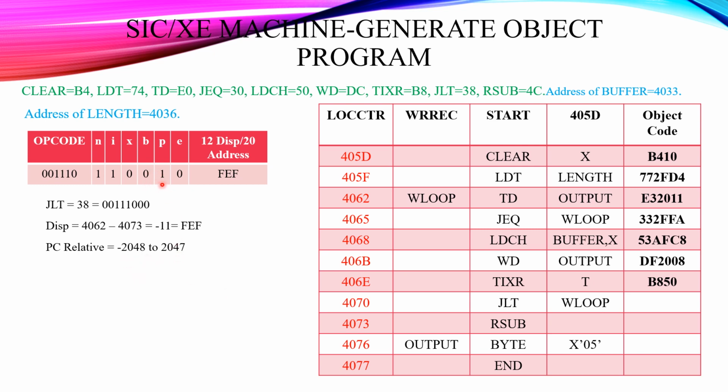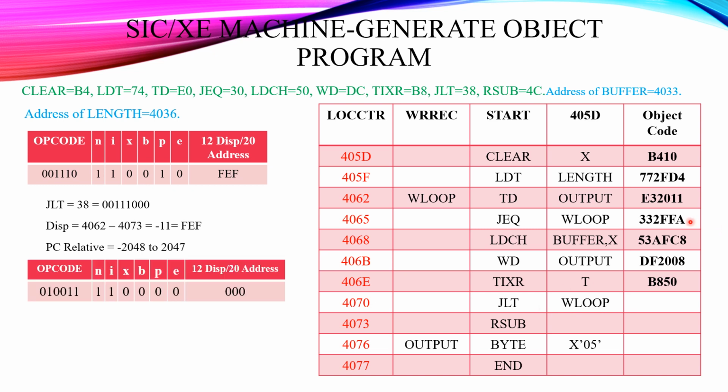So the B value will be 0 and the program counter will be 1. Then while grouping the 4 bits, we get 3B32FEF. The object code for the W loop is 3B32FEF.